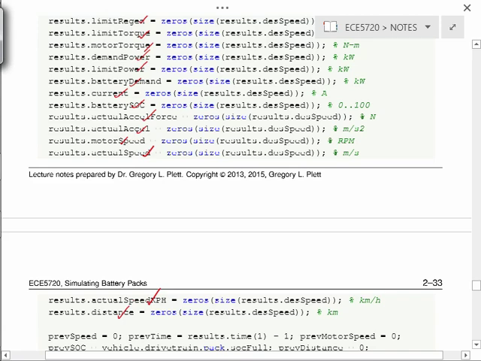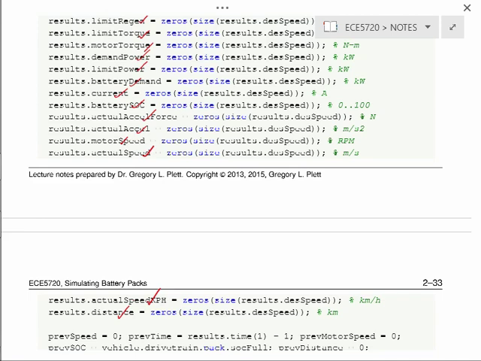All of those things are returned as a result of the simulation, so you have a lot of information that you can examine and plot and really understand at a very deep level what is happening inside of the battery pack, inside of the motor, and that will give you some insight into whether you are over-designed or under-designed, and what factors of the design might need to change in order to make the entire vehicle work the way that you would like it to work.